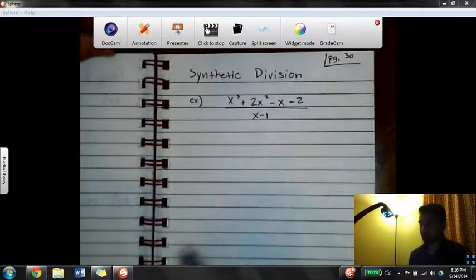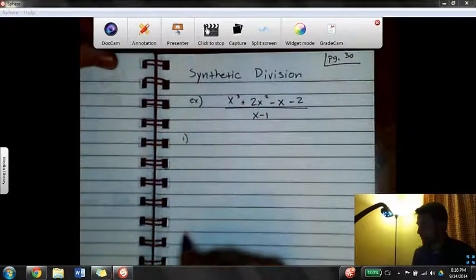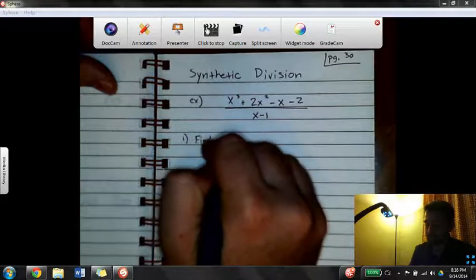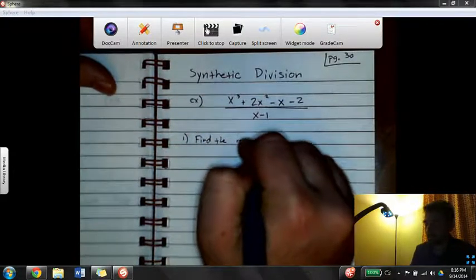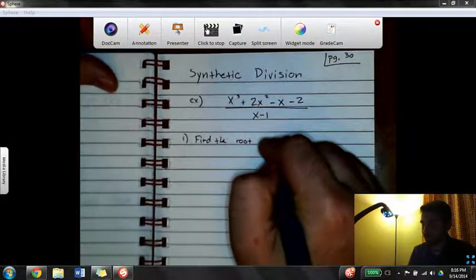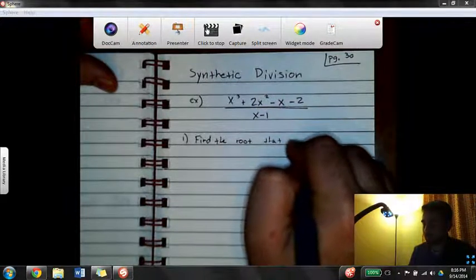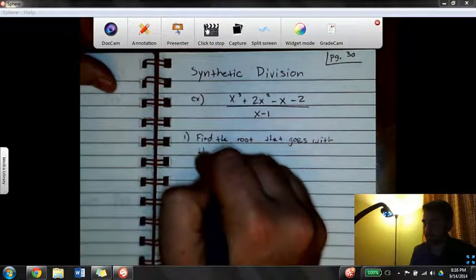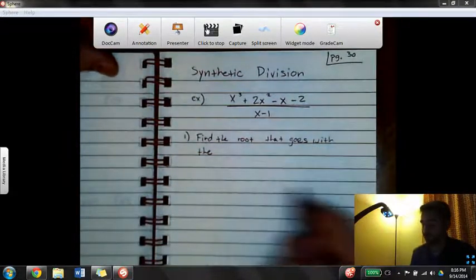So with synthetic division, our first step is to find the root that goes with the binomial factor we're dividing by.